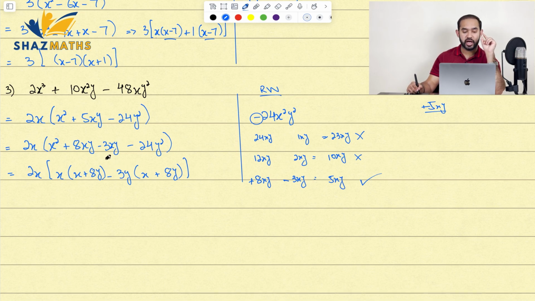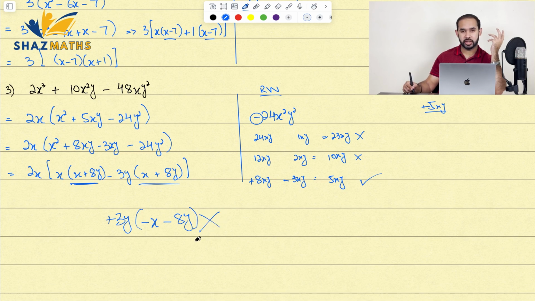But why I have taken negative as common is because, if you remember, our goal is to make this expression the same on both sides, right? Now, if I would have taken positive 3y as common, the signs inside the bracket would not have changed, right? So I would have gotten negative x negative 8y, which is wrong.